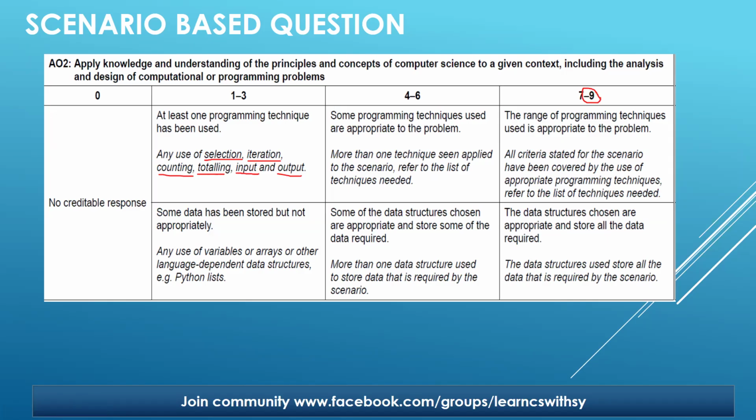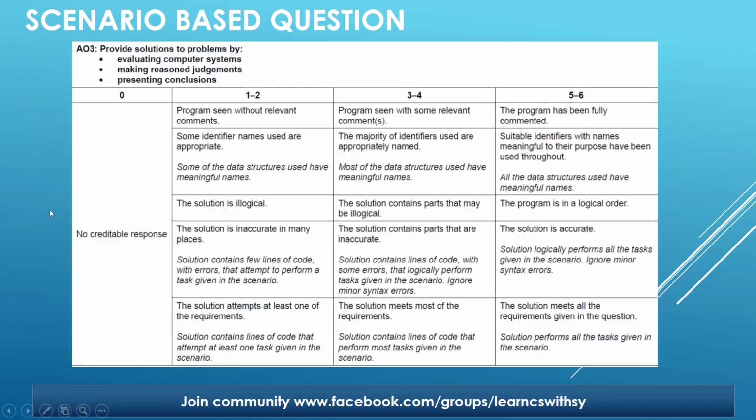Moving to the second thing, assessment objective 3. A student can score a maximum of 6 marks if he is following these basic instructions. Your program is fully documented. You have used identifiers that contain meaningful names. Your program is in a logical order.